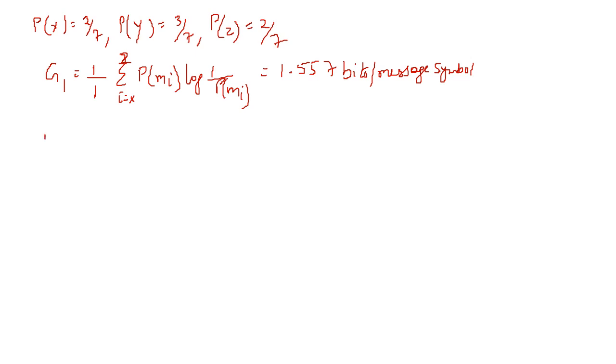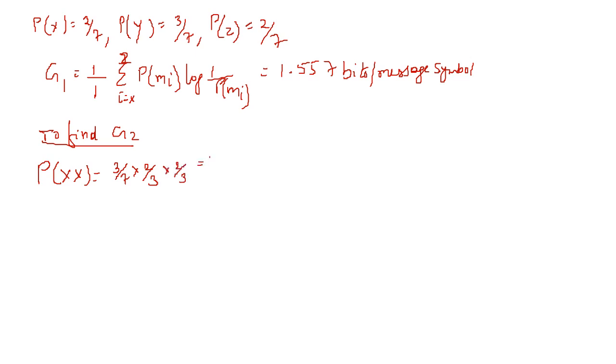Next, to find G of 2, we need to find all the two symbol interval probabilities. To do that, just refer to your code tree, and draw it very neatly. We'll find P of xx, that is, we have to come up till this two interval probability. So the initial probability is 3 by 7, into the next symbol probability 2 by 3, into 2 by 3.